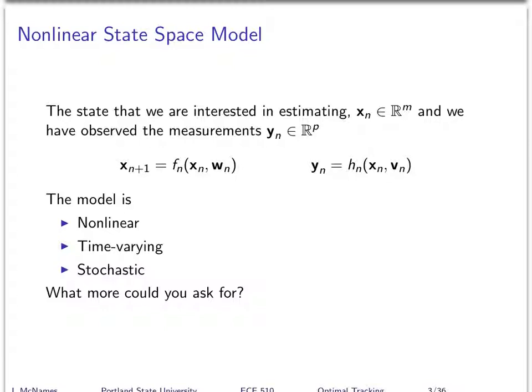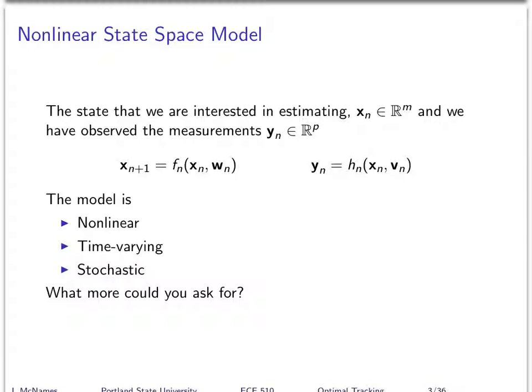You'll notice that H and F, which can both be very complicated nonlinear functions, have a little subscript on them as well. That means that the functions themselves can be time varying. So not only can the properties of your noise be time varying, certainly your state is time varying, but the relationship of your measurements to those two things can change completely from one time sample to the next.